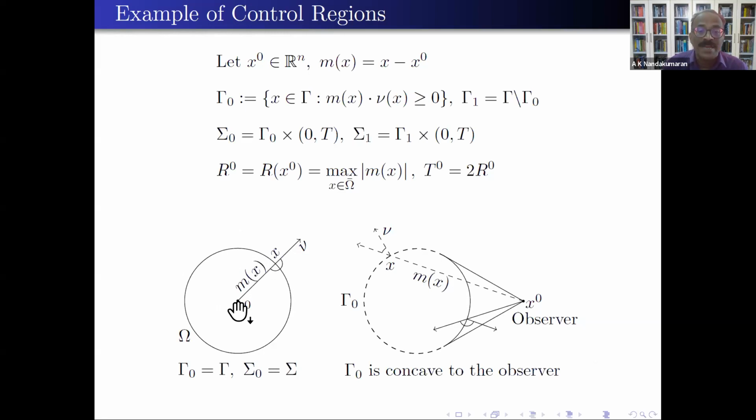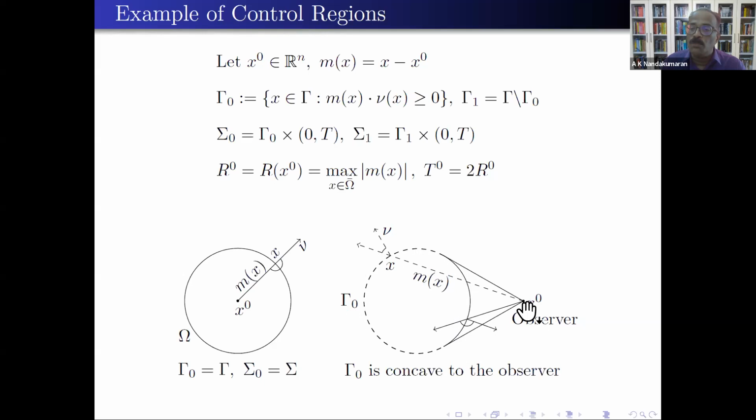So for x naught inside, this is completely concave. So you are precisely applying control where you don't have the visibility. In this particular case, you can interpret it that way. If x0 is an observer outside, you draw the tangent. This is convex to this observer, and the dotted region is not visible to this observer.